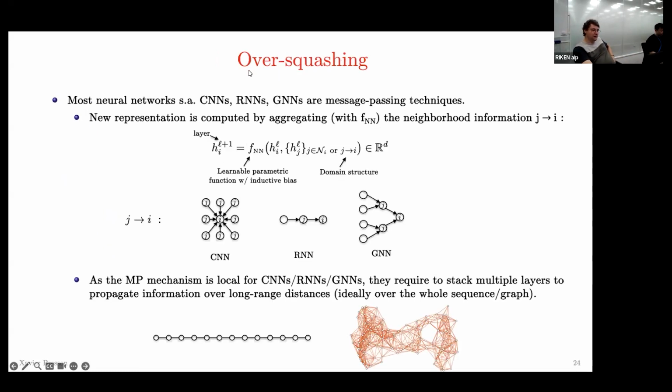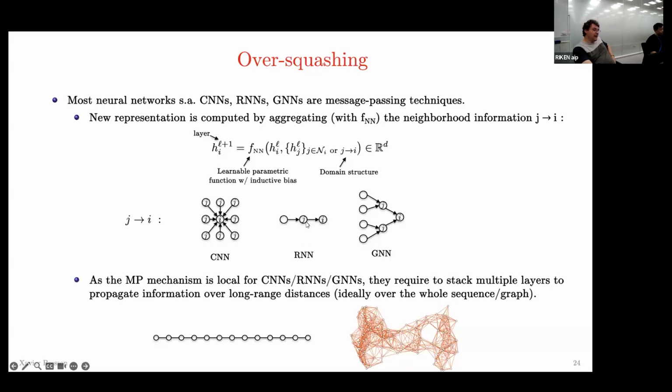Now let me talk about over-squashing, which is an issue for everything, not only GNNs. CNN, RNN, and GNN can all be represented with one equation. To update the hidden vector representation of node i at the next layer, you apply a function that depends on some inductive bias, which also depends on the domain structure. For an image, the neighbors are the pixels around node i.